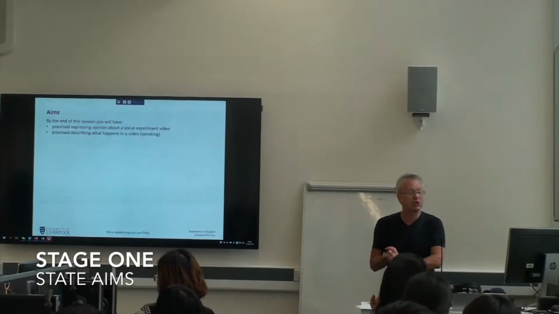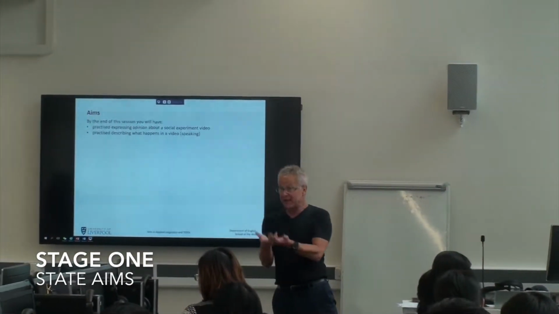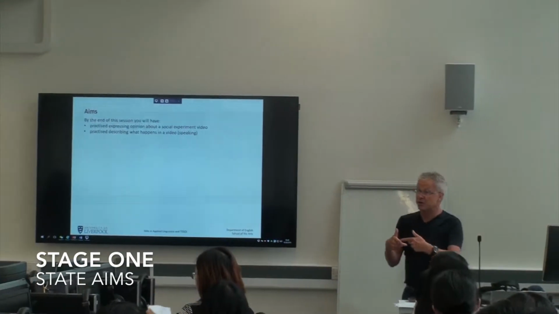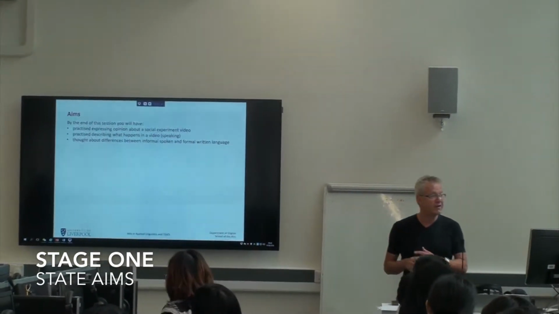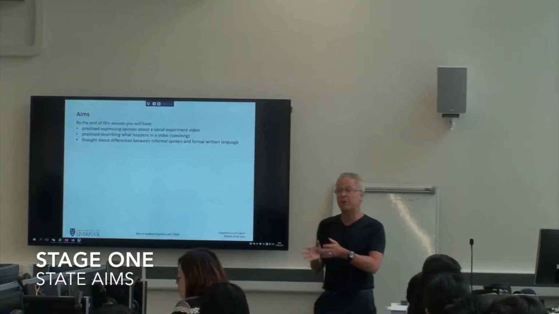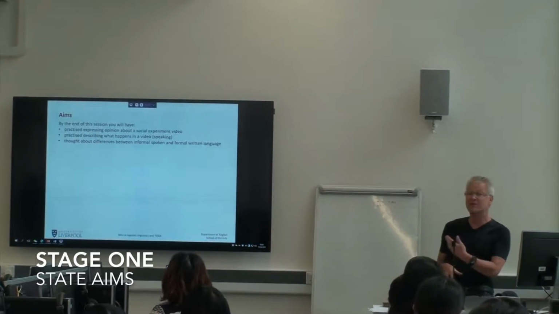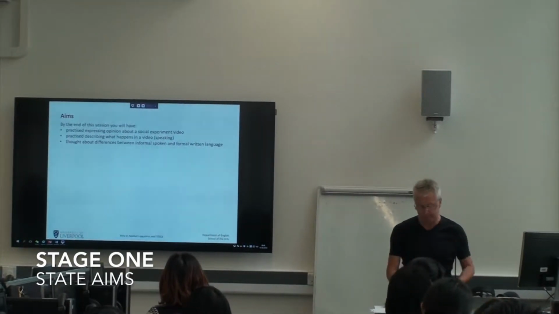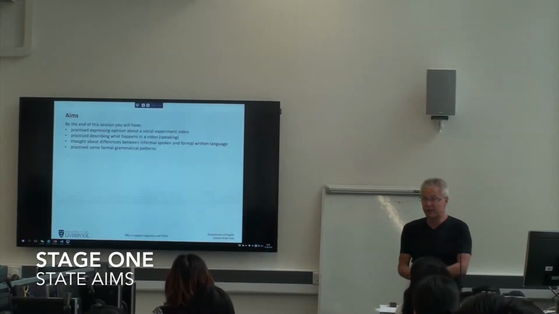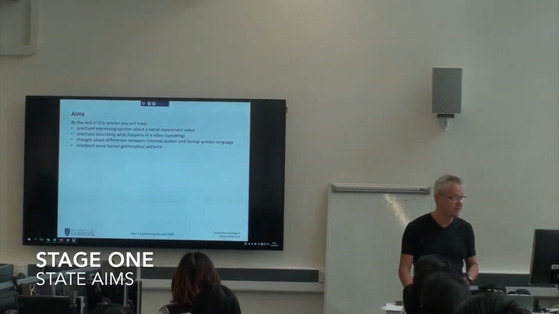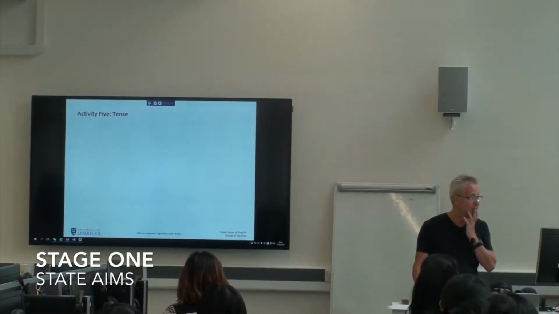We'll practice describing what happens in the video through speaking, and then later on through writing as well. So we'll be looking at differences between informal spoken and formal written language for describing something that you have seen. And we'll practice some formal grammatical patterns at the end. So that's what we will be doing today.